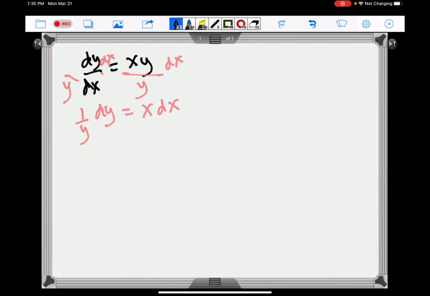So far, okay? Okay, so now I'm going to integrate. ln absolute value of y equals x squared over 2 plus c. If you don't think you could get those antiderivatives without my help, you need to work on that. Okay?